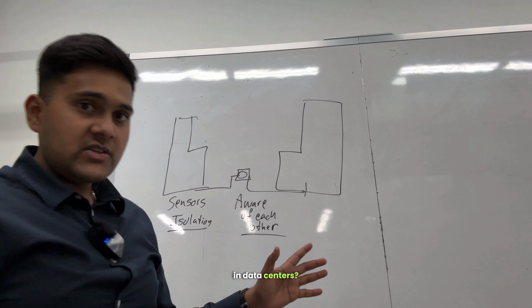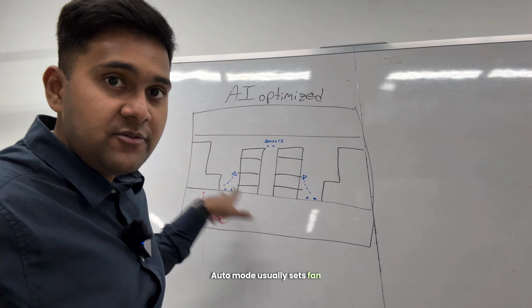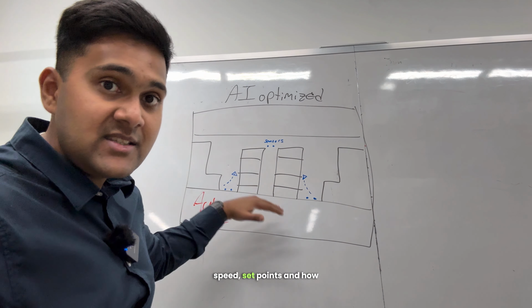Remember how I said these HVAC systems have internal sensors? The sensor is a lagging indicator. So auto mode usually sets fan speed, set points, and how these systems run based off of their own return sensors.